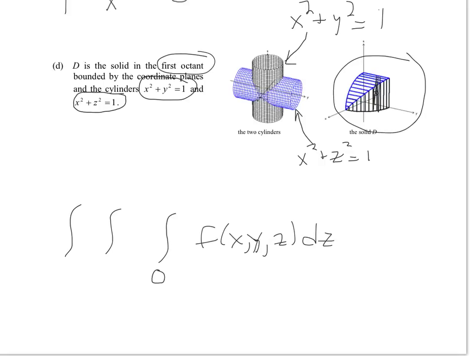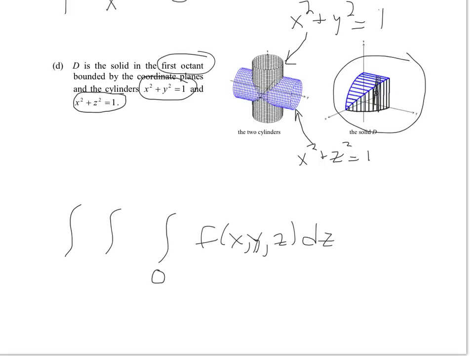As it moves upward, I think you can convince yourself that no matter where that point was originally located inside of the solid, if it moves upward, it hits the blue surface. It's never going to hit the black surface if it's traveling upward, because that black wall came from the black cylinder in the figure on the left, and that black cylinder is parallel to the z-axis.